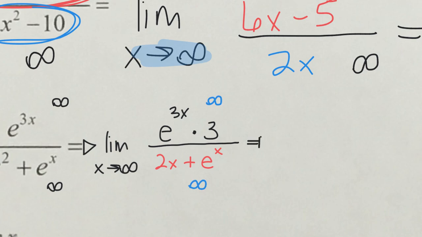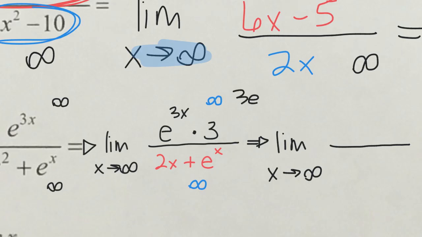So as long as we get an indeterminate form, we have to take the derivative again. So what's the derivative of 3e to the 3x, right? That's how we're going to write this. The derivative of 3e to the 3x is 3e to the 3x times 3, right? We're multiplying it by another 3.